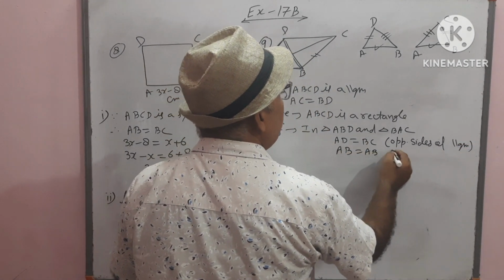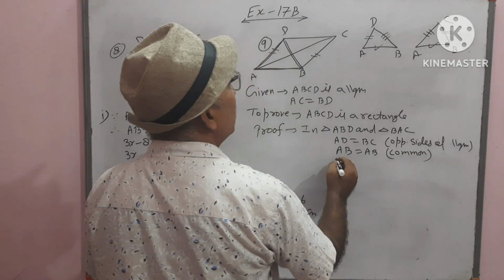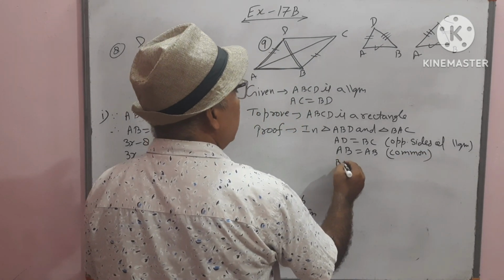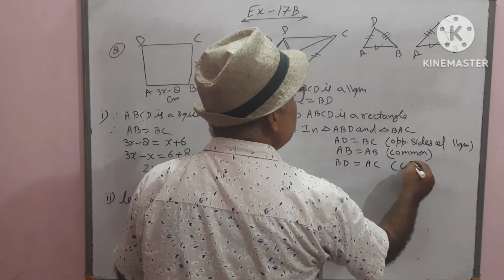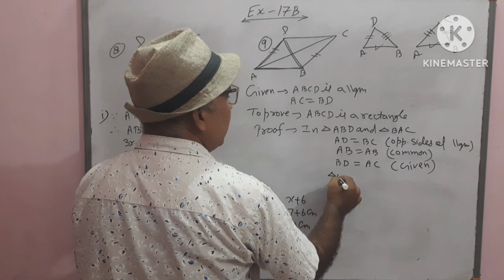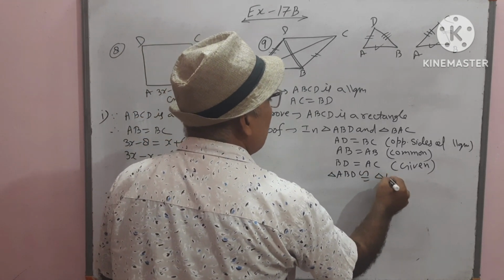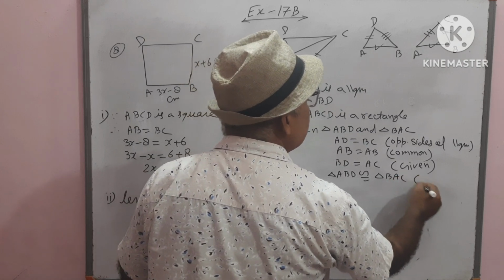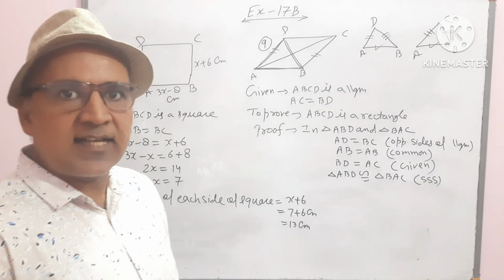AB is equal to AB because it is common, and then BD is equal to AC because it is given in the question. Then we can write that ABD is congruent to BAC by the SSS criteria.